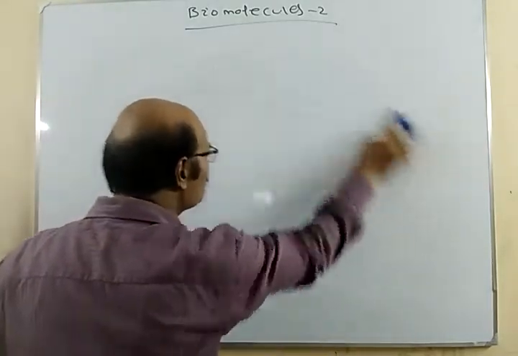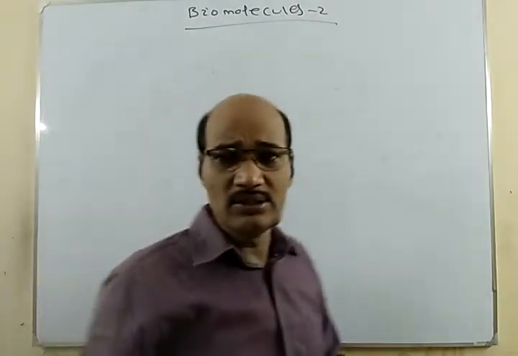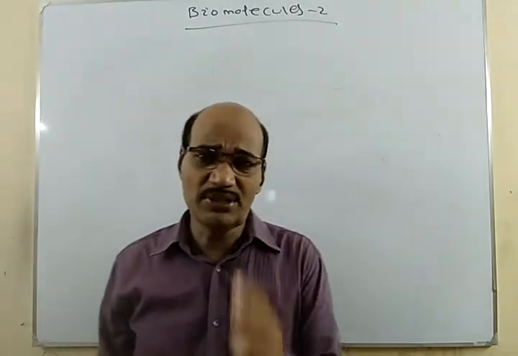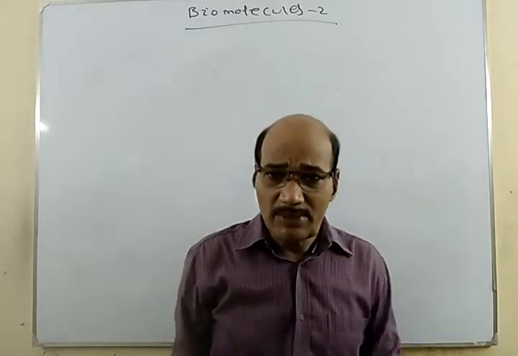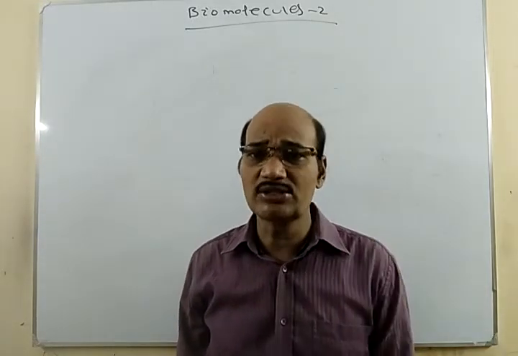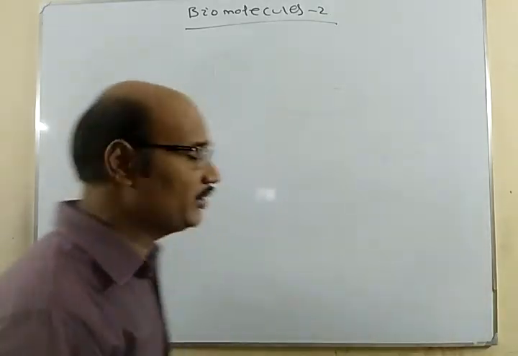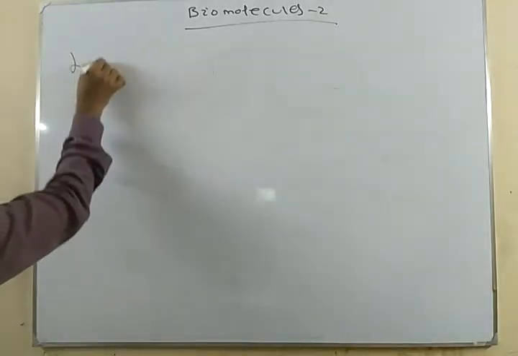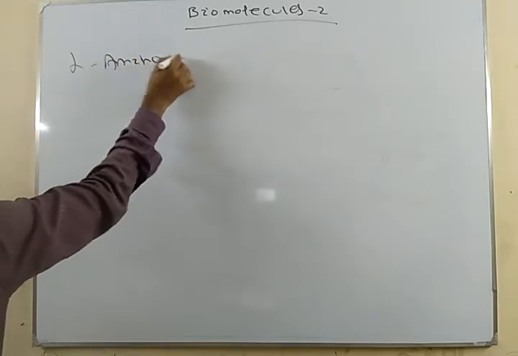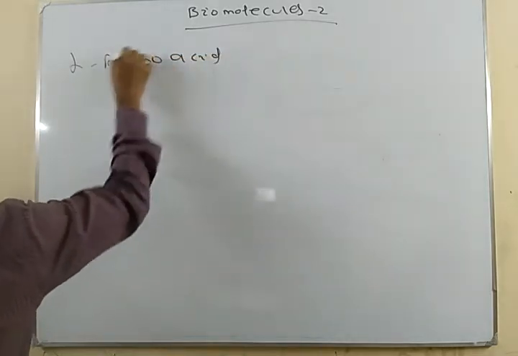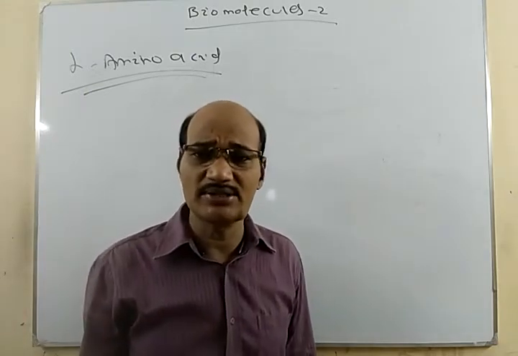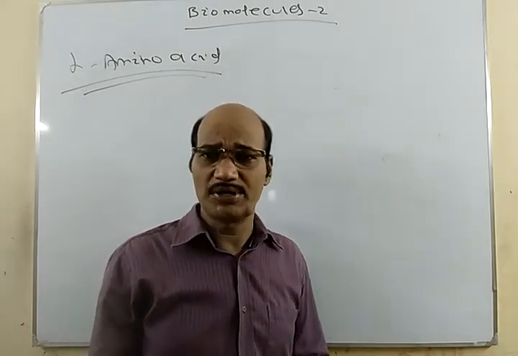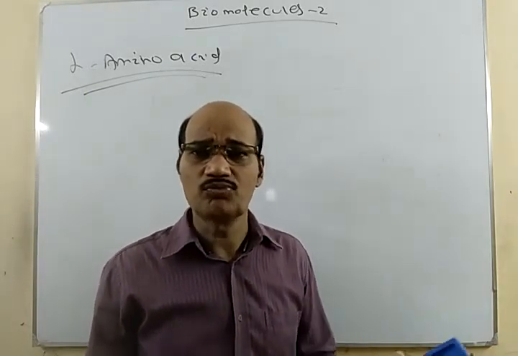The COOH group is always present at one end, and the NH2 group may be present at the alpha, beta, gamma, or delta position. If it is present in the alpha position, it is called an alpha amino acid. The point of interest is alpha amino acids, because they are produced by the hydrolysis of proteins.